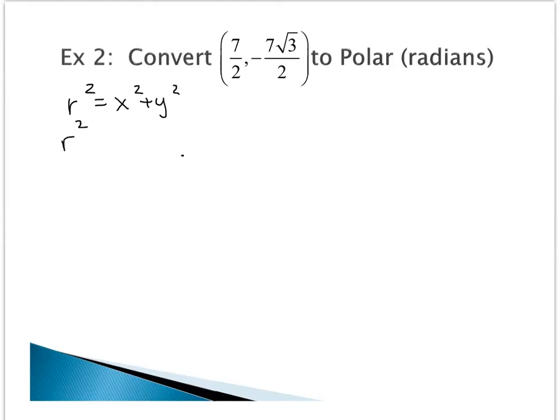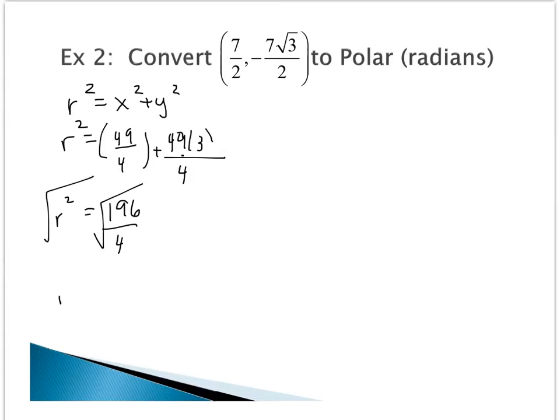So we'll get r squared equals 49 fourths plus 49 times 3 fourths. If we combine these like terms, we get 196 fourths. Square rooting gives us that r is equal to 7.